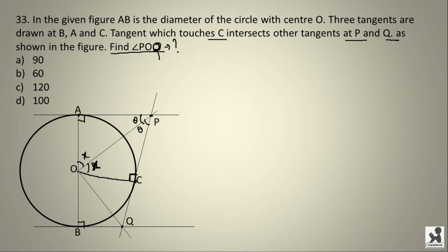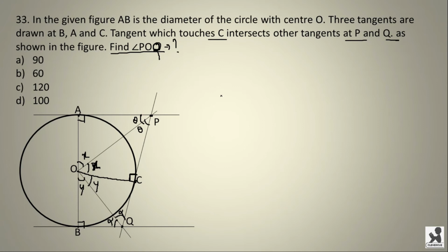Again, in this quadrilateral OBQC, you can see that from Q there are two tangents. If angle BQO is alpha, then angle CQO is also alpha. Now if angle BOQ is y, then angle COQ is also y.